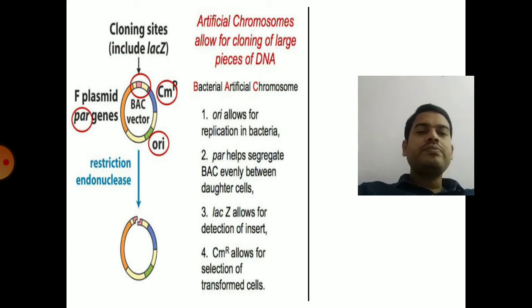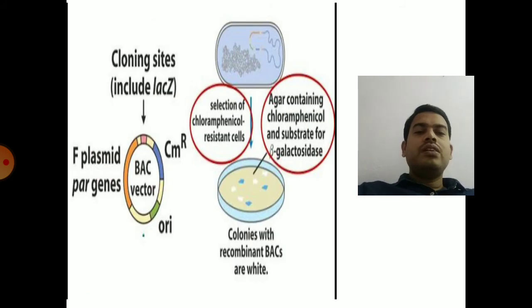So that is bacterial artificial chromosome. This is how you select the transformed and non-transformed cells. You can clearly see here, your foreign DNA is inserted in the lacZ region.